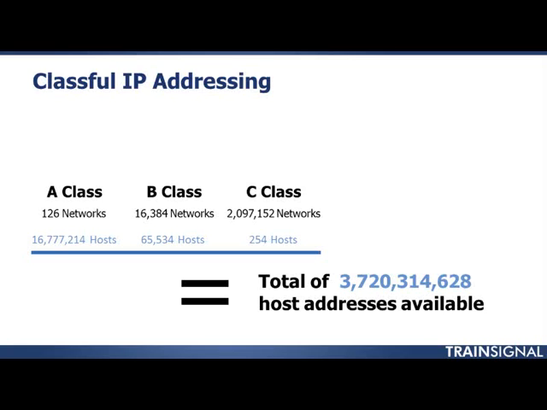Now, I already talked to you in another lesson about how we addressed this issue of running out by using private IP addressing, right? Using the private ranges that are not available for internet use. And the only companies that truly need to have these live internet addresses are the internet service providers, and then they can divvy up those individual addresses out to all of the individual companies, right?